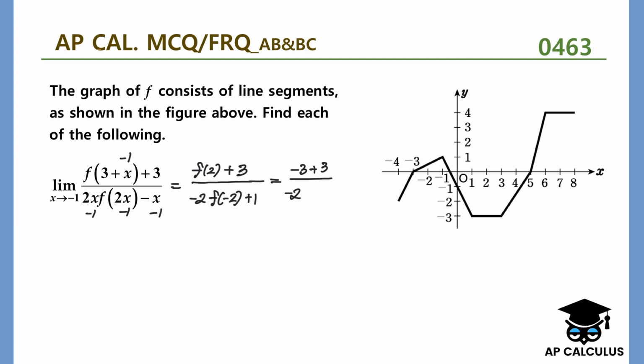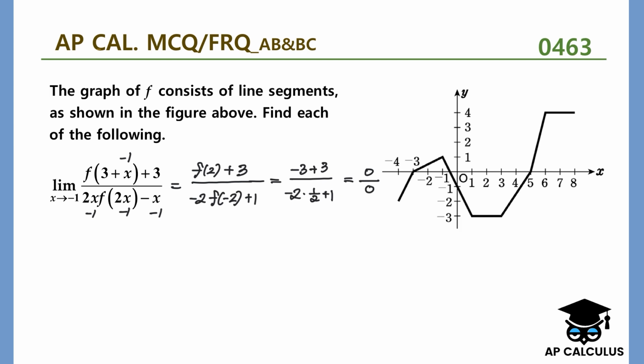Because when x is negative 3, y is 0. When x is negative 1, y is 1, right? So when x is negative 2, that's going to be 1/2. So negative 2 times 1/2 plus 1. So negative 3 plus 3, that's 0. Here denominator, negative 2 times 1/2, that's negative 1. Negative 1 plus 1, that's 0.